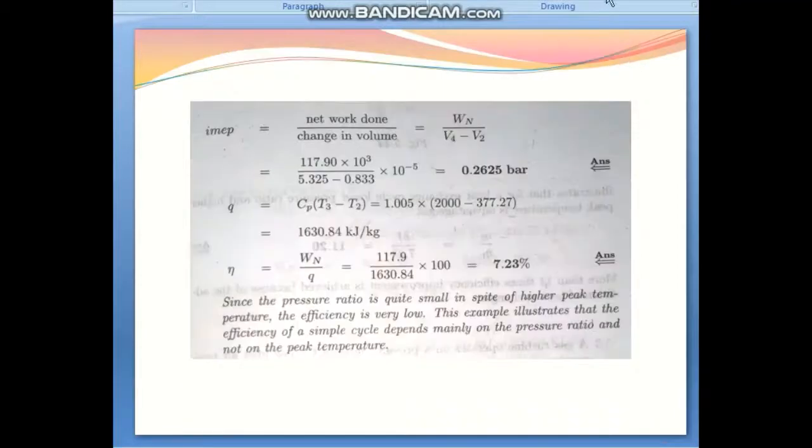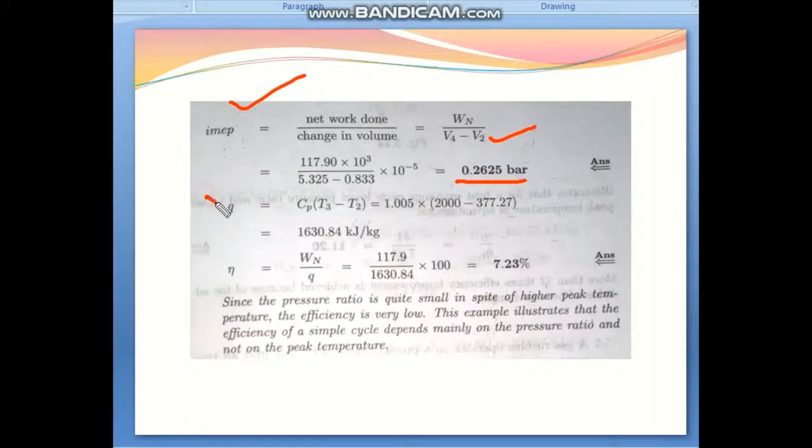The indicated mean effective pressure is the net work done divided by the change in volume. So the net work done, Wn, divided by the change in volume, V4 minus V2, gives a mean effective pressure of 0.2625 bar.